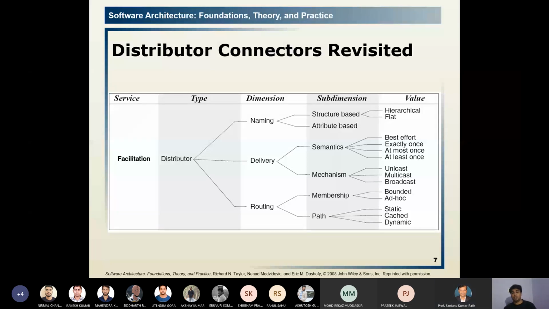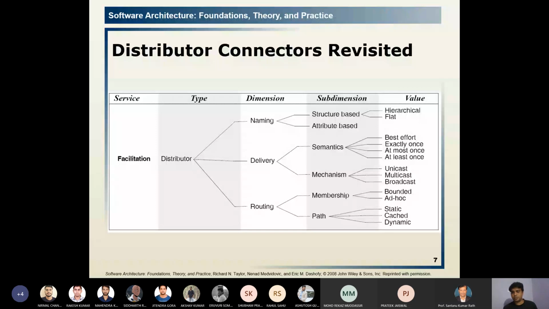Naming: it is structure based or attribute based. If structure based, it is a flat structure or a hierarchical structure. Then the delivery: it is semantic based or some mechanism is used to deliver.